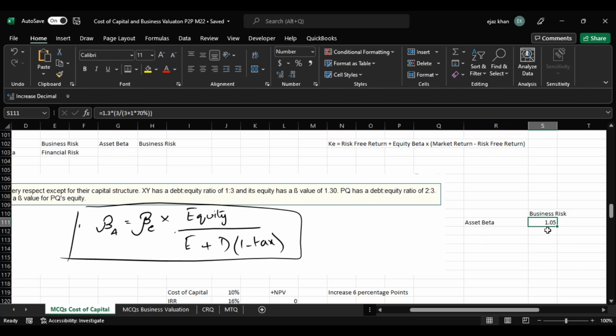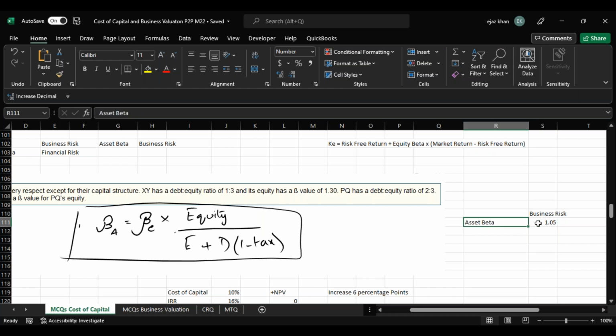In that case, the same asset beta would have been treated as equity beta of PQ company, because it wouldn't have any financial risk. But in this particular case, since PQ company has debts, there must be financial risk as well.